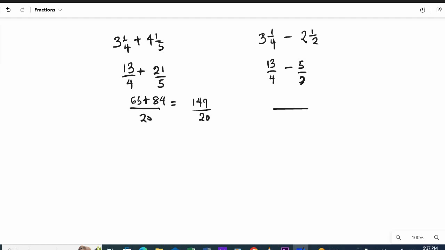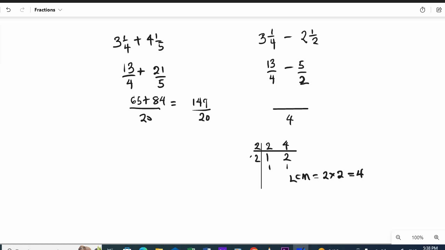Now, if we find the LCM, we'll see that the LCM is 4. So let's say that the LCM is 2 times 2, which equals 4, right?